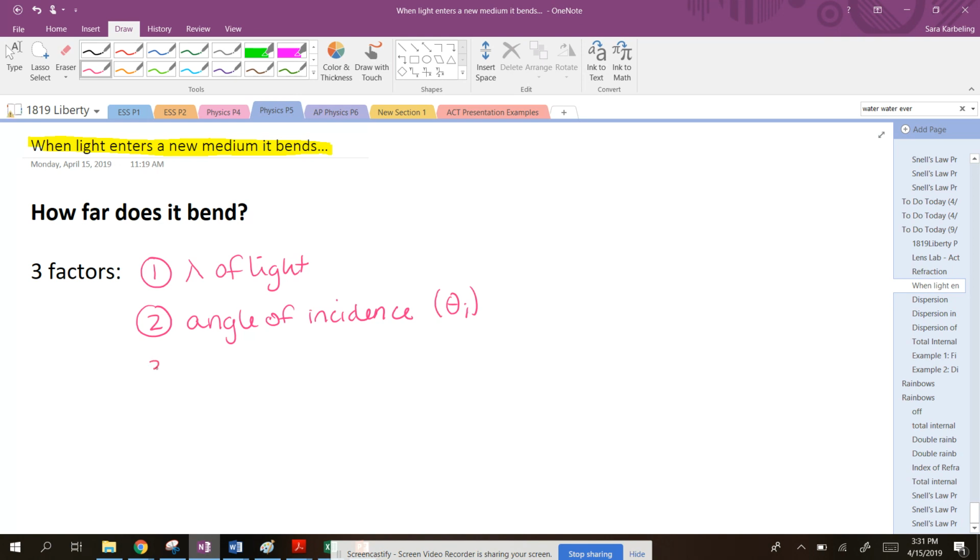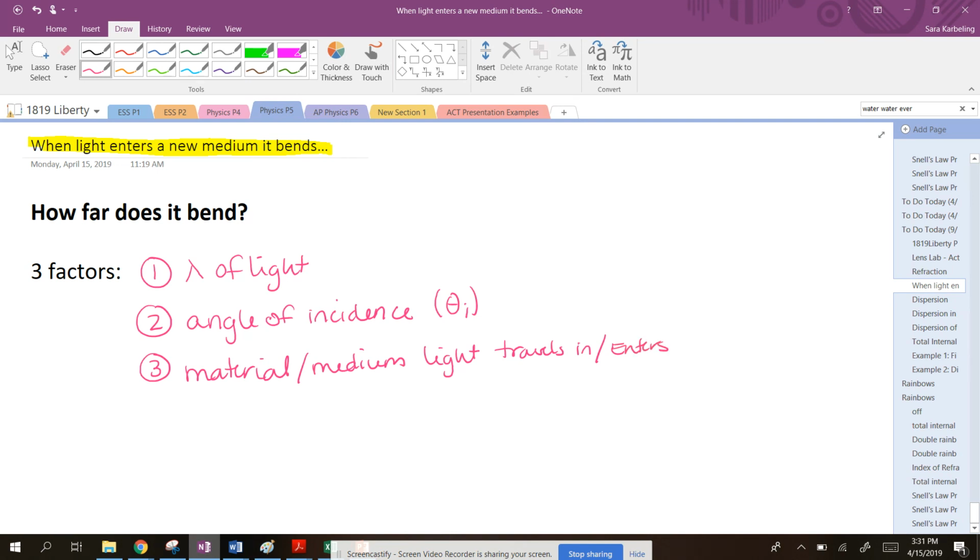And then number three is the material, or the medium, that the light is traveling in, and the medium that it enters.